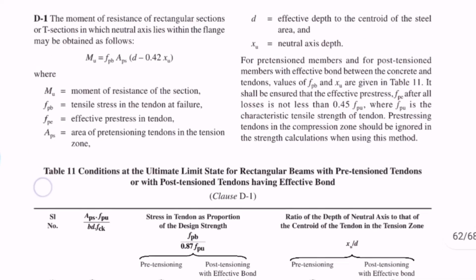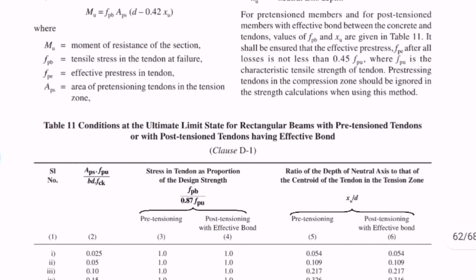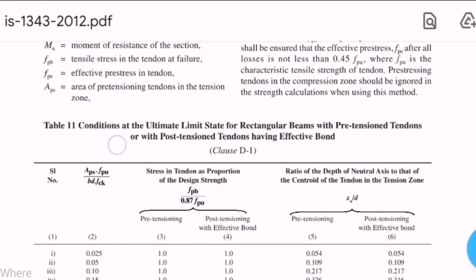Before finding Mu, that is the moment of resistance, first we have to find the value of APS FPU by B into D into FCK.